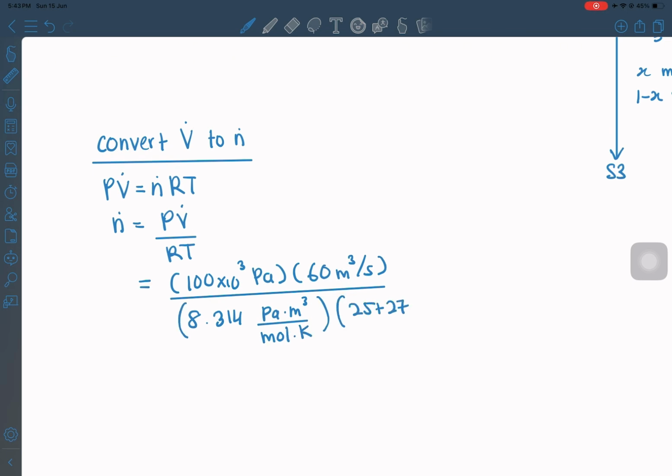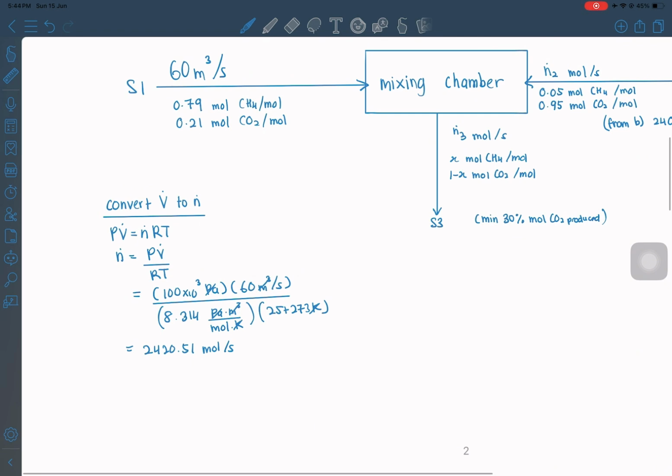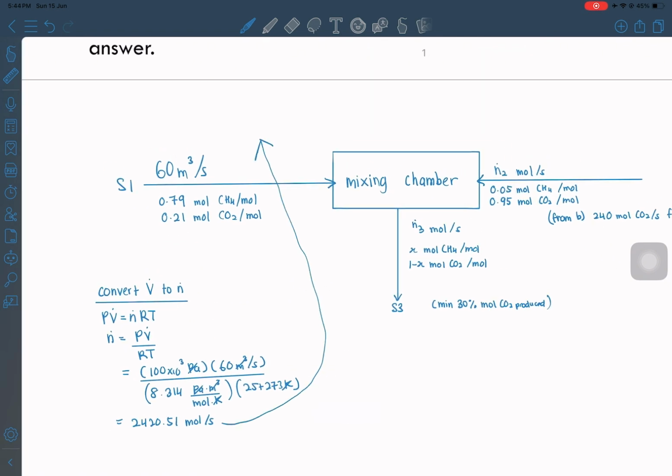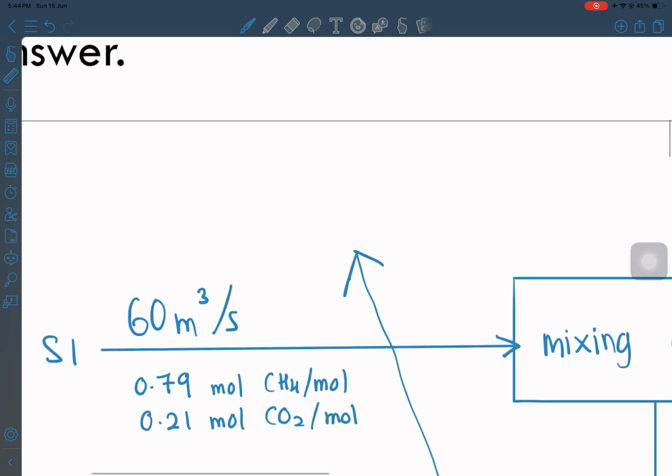After putting in all the values, we get 2420.51 mole per second. After calculating the molar flow rate, we know that the basis for this process flow diagram is 2420.51 mole per second fed into stream 1.